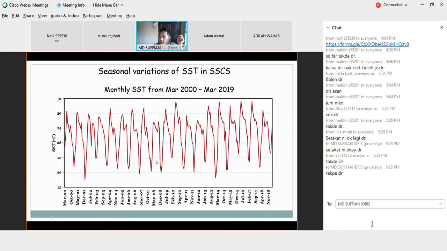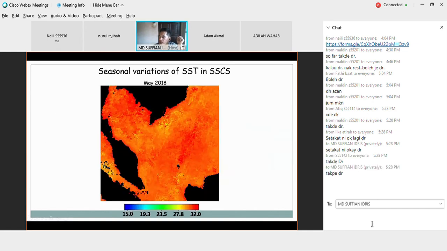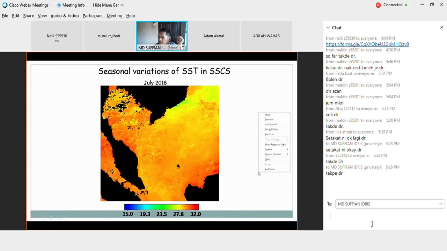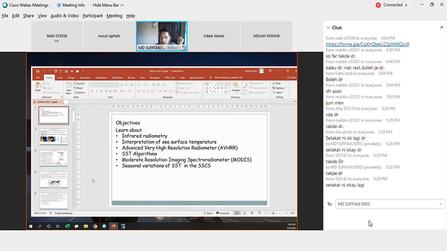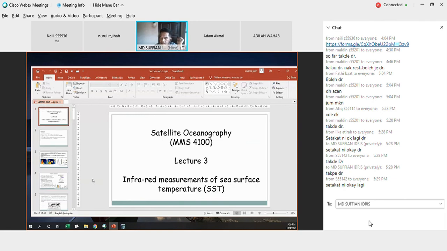Okay, so for this SST, what you need to know is SST measurement. That is, what is skin SST, what is subskin SST, and number two, what is bulk SST, and what is emissivity.